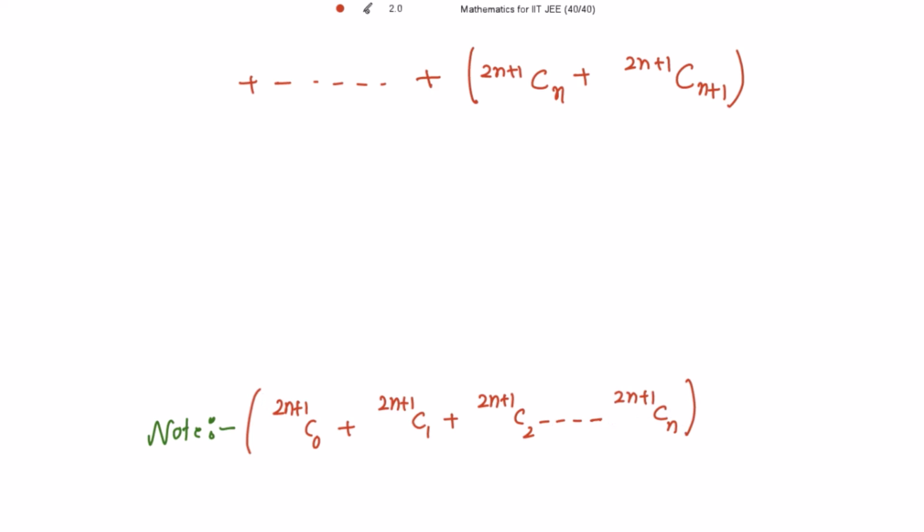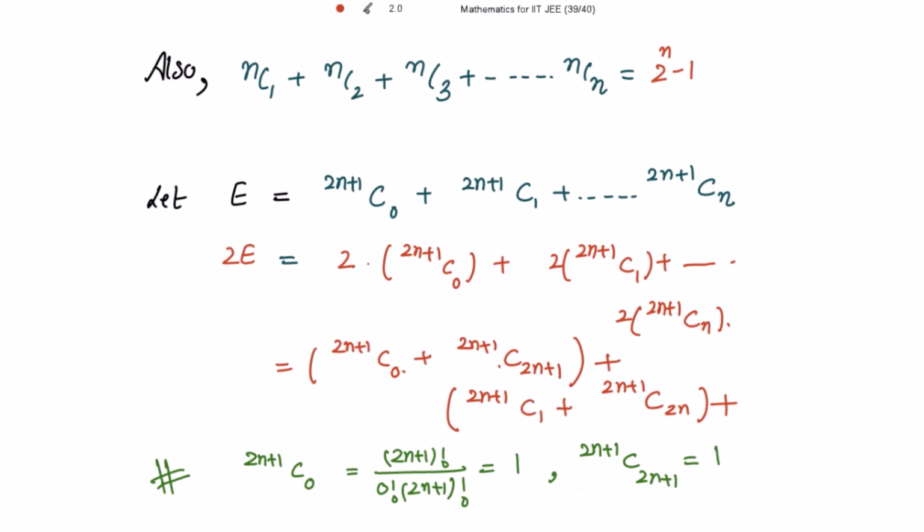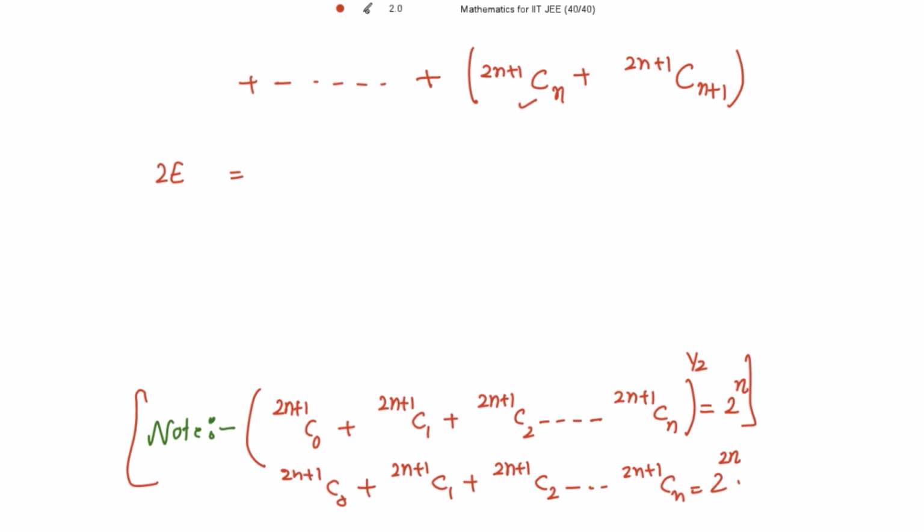If I take the square root of this sum, that is equal to 2 to the power n, which means if I square both the sides, I get this sum to be equal to 2 to the power 2n, right? Okay, so I'm going to use this result over here in the next step. On the left hand side, we are having twice of E, right? On the right hand side, I'm having the sum, that is 2n plus 1C0 plus 2n plus 1C1 up to 2n plus 1Cn, which means these terms, this one, up to this, right?